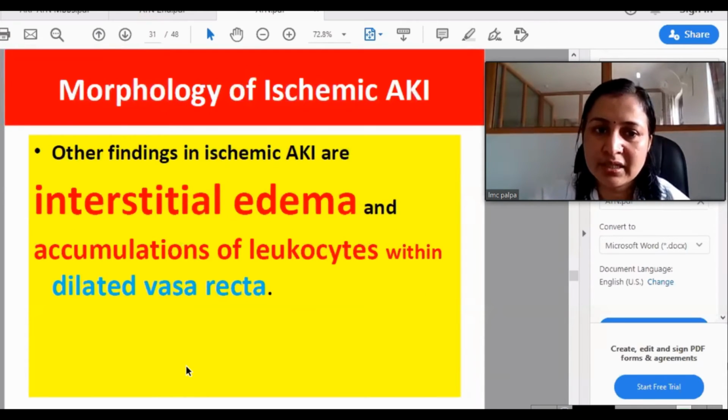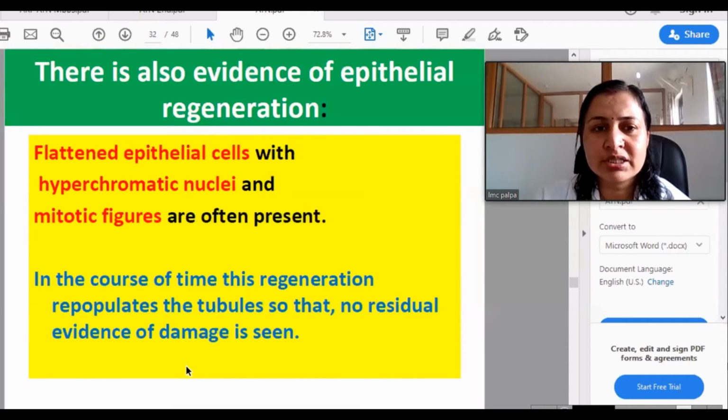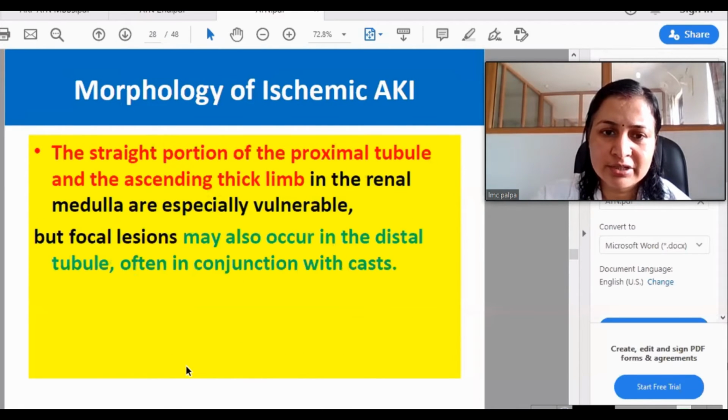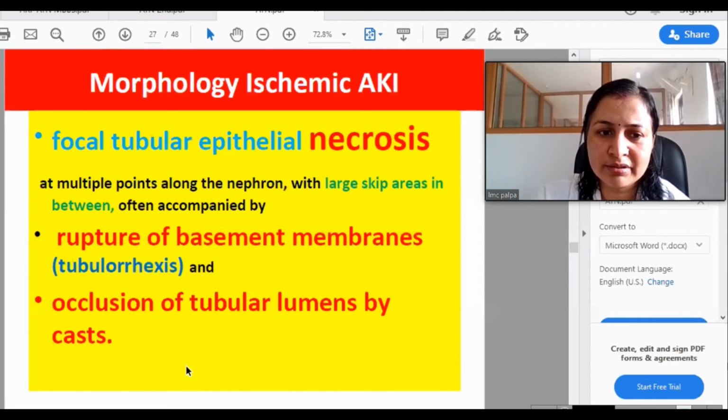The other features are edema and accumulation of neutrophils or neutrophilic leukocytes. These are non-specific features. What was important was the cast, the necrosis, the loss of basement membrane; all these things are more important.